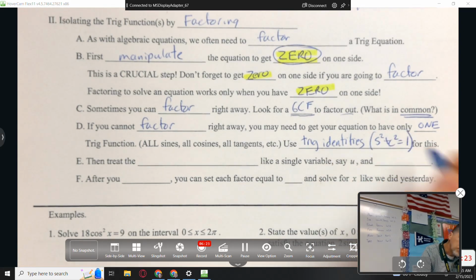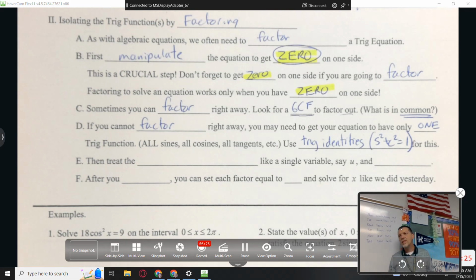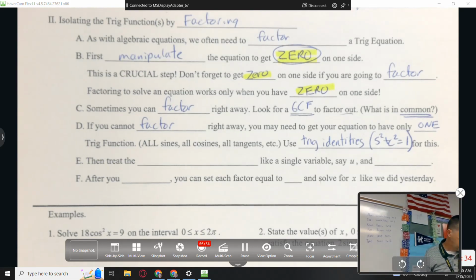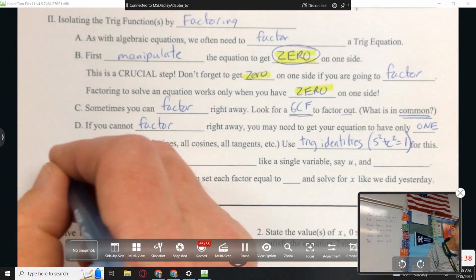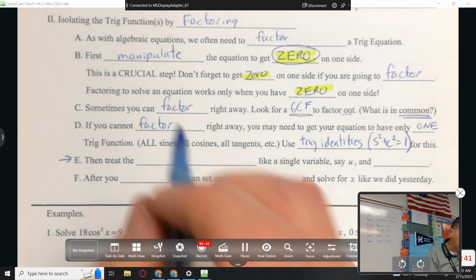Mostly sine squared plus cosine squared equals 1. And the partners with that, the Pythagorean identities for that. I'm going to skip E because it's confusing unless we're working a problem.